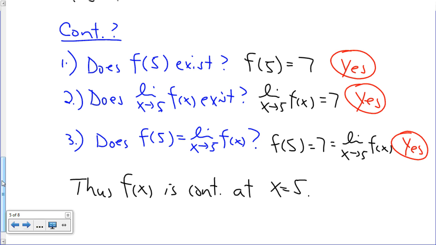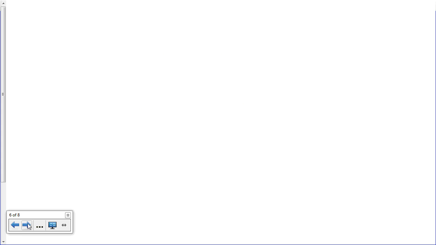But I'm not using the calculator graph or any graph to verify why this is. I'm going back to the definition of continuity to verify why we're continuous or not continuous. All right, and that is the end of the first part of this section.